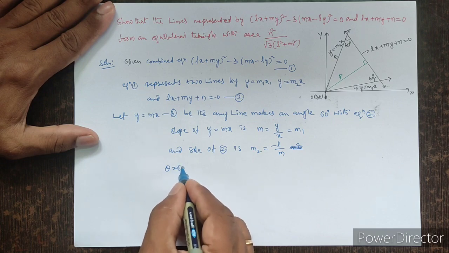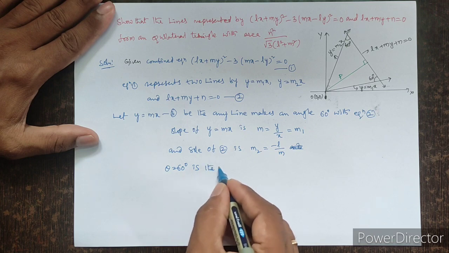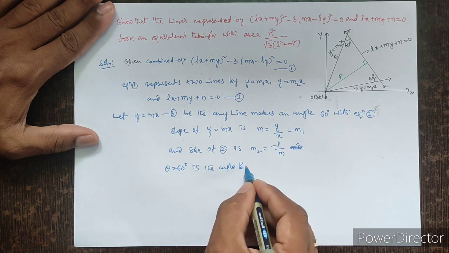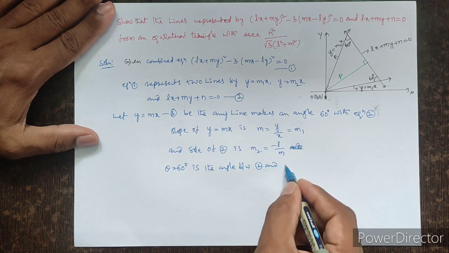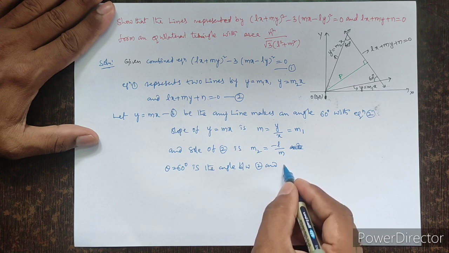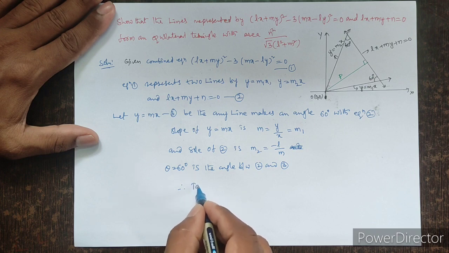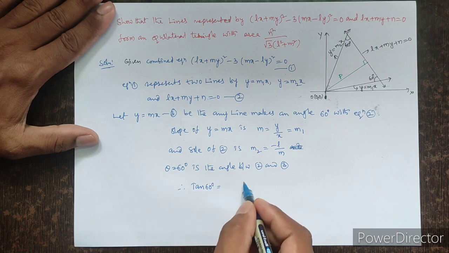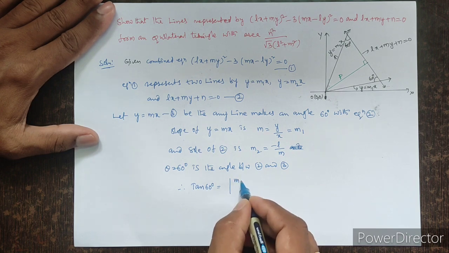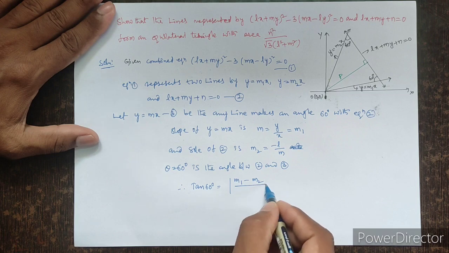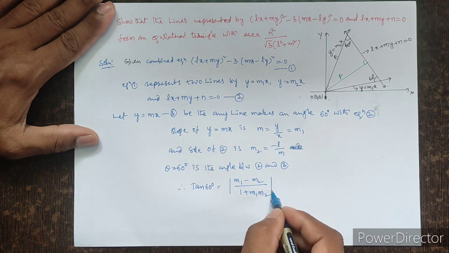Theta equal to 60 degrees is the angle between line 2 and line 3. Therefore tan 60 degrees equal to tan theta. The formula for the angle between two lines is modulus of m1 minus m2 by 1 plus m1 m2.